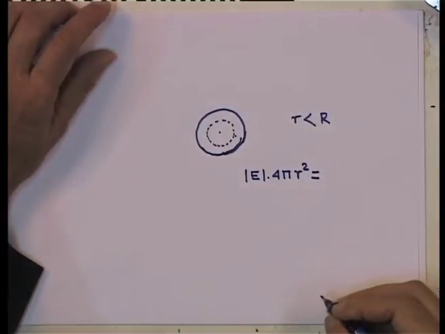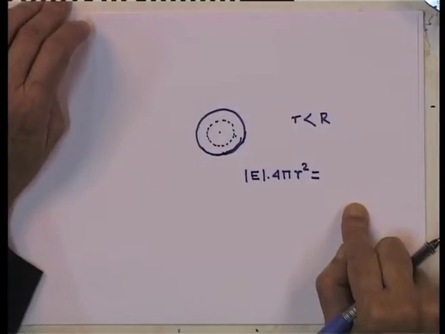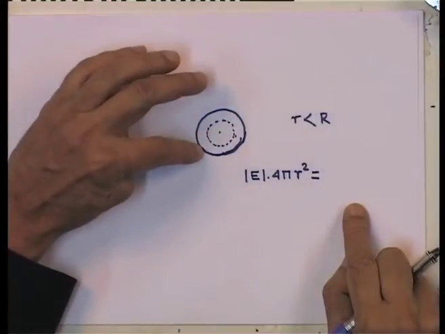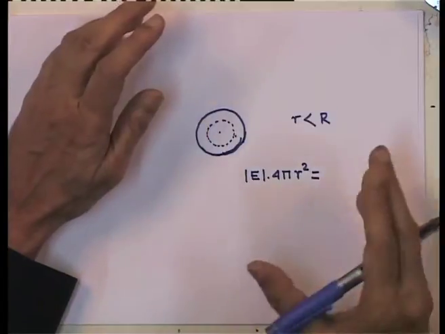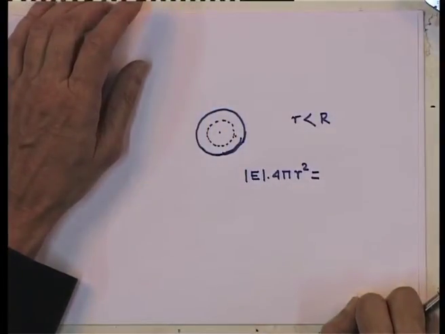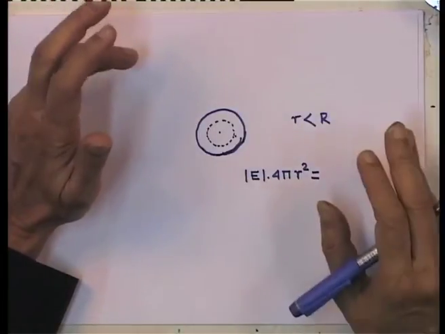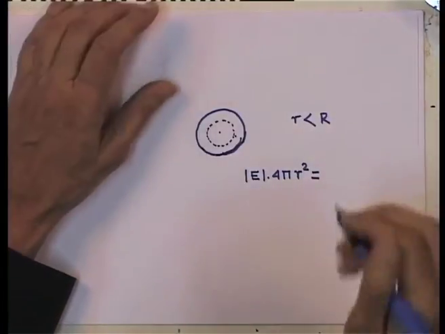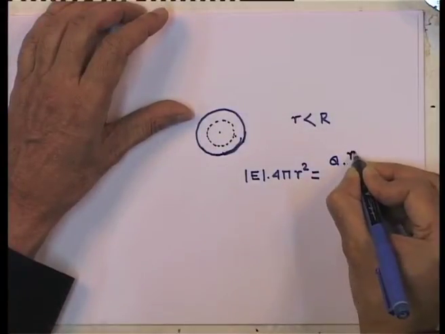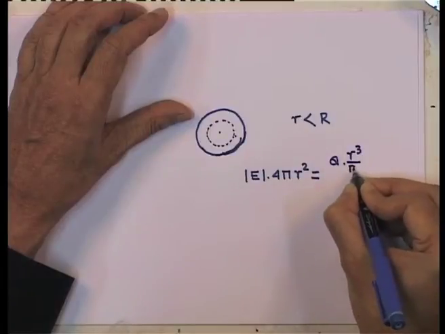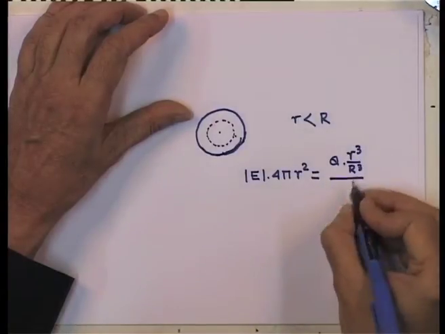But remember, in our right hand side I had q enclosed. The amount of charge that is enclosed in this Gaussian sphere is not the full charge q, because the volume is less by an amount small r cube by capital R cube. So, the amount of charge enclosed is capital Q times r cube by R cube. This is the q enclosed, divided by epsilon 0.